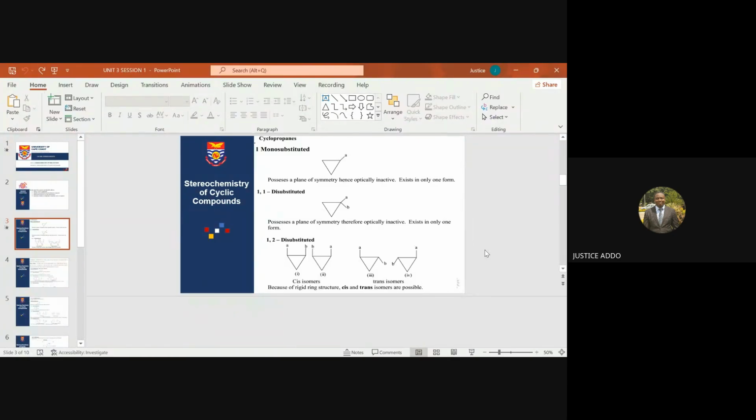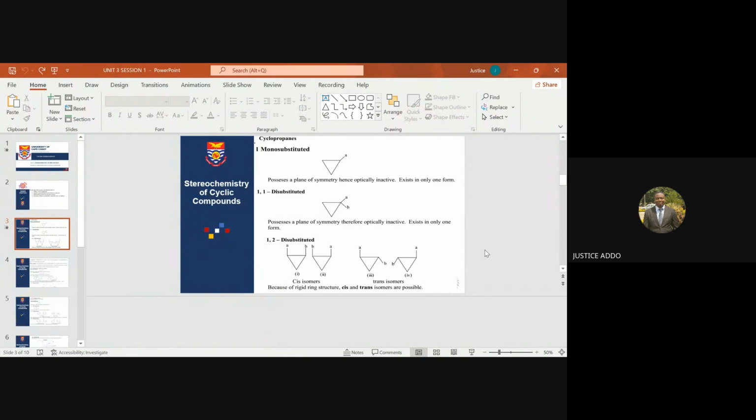And anytime you make the statement that a molecule is optically inactive, then the conclusion is that the molecule will exist in one form. So when we say describe the stereochemistry, these are the key points. First of all, you need to use the two conditions to establish whether the molecule is active or inactive. So you want to say there's no chiral center, there's a plane of symmetry.